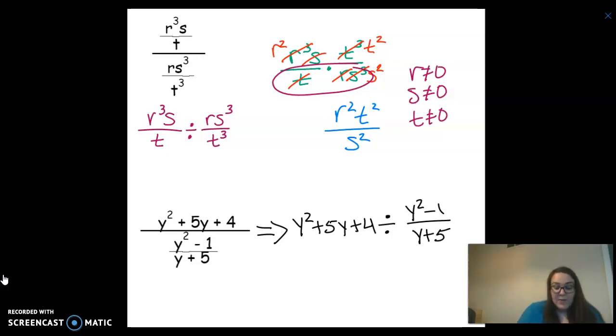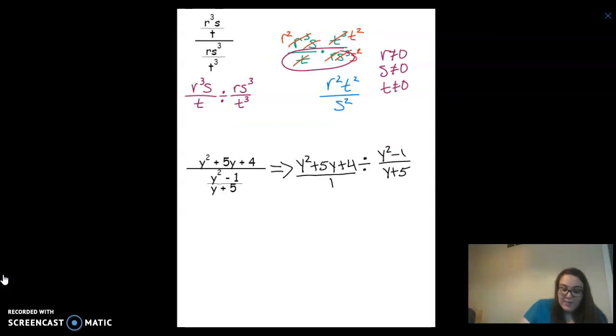Now the only thing I'm going to give you here is a reminder that this is actually over 1, so that when you change this to be written as multiplication rather than division, you have your y squared plus 5y plus 4 all divided by 1 multiplied by y plus 5 divided by y squared minus 1.